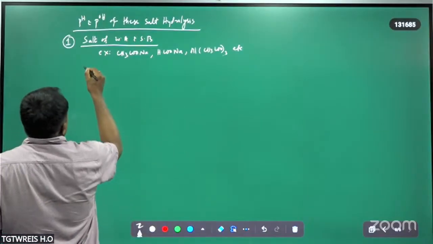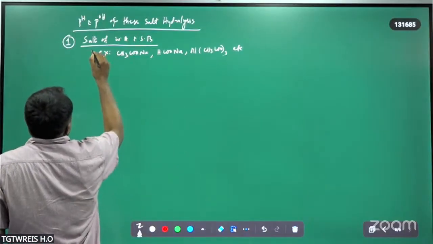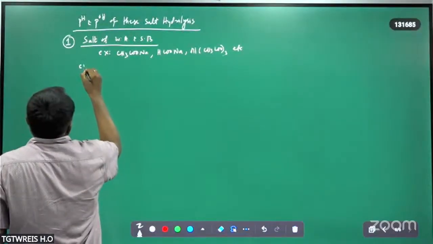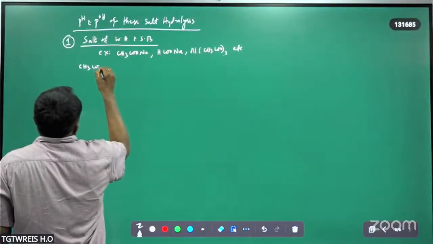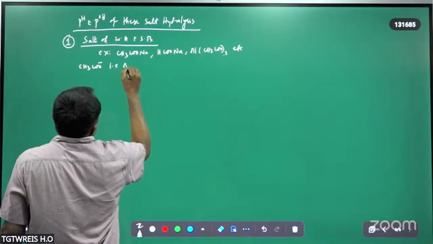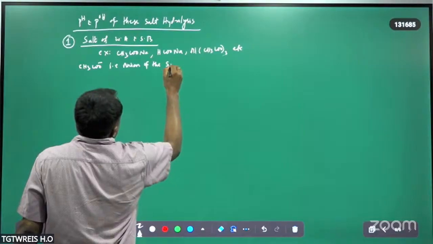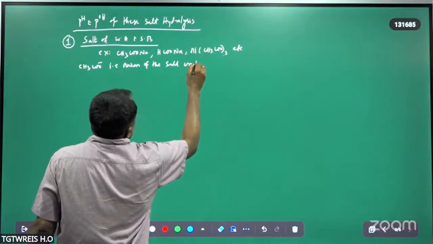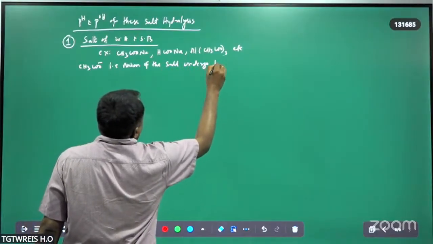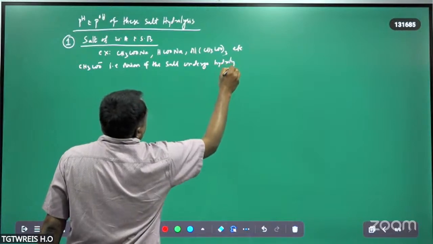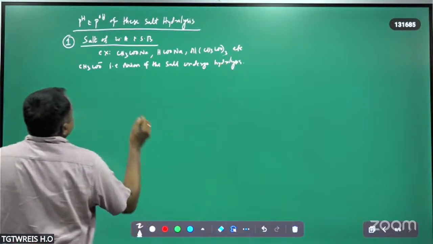So in this, CH3COO minus, that is the anion of the salt, undergoes hydrolysis. This is the anionic hydrolysis.